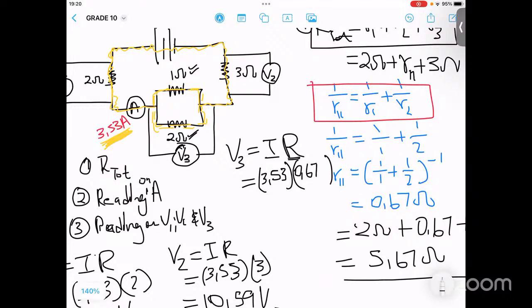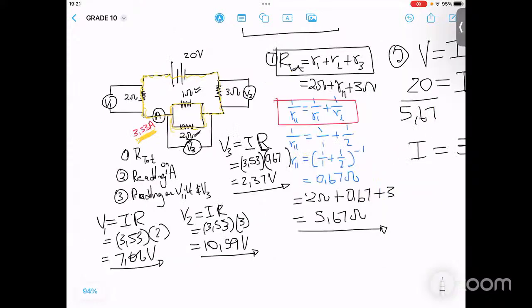Then you'll say 0.67, you multiply that by 3.53, then it gives you 2.37 volts. So that is how you calculate the V1, V2, and V3 readings. Then you are done, honorable members or members who are honorable.